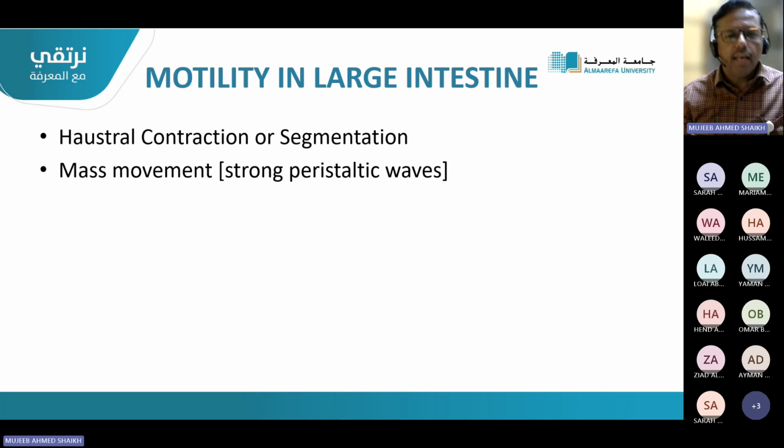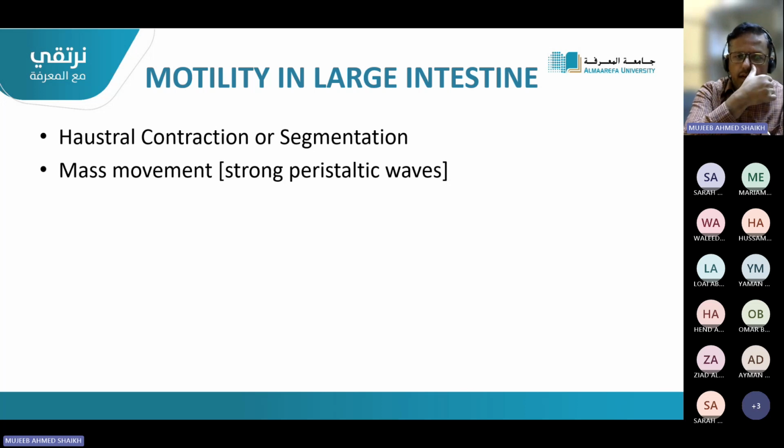But the migrating motility complex, or MMC, has smaller, weaker waves traveling a very short distance, a few centimeters. It starts from one point, moves a very little distance and dies out. Then the second contraction will start and move.